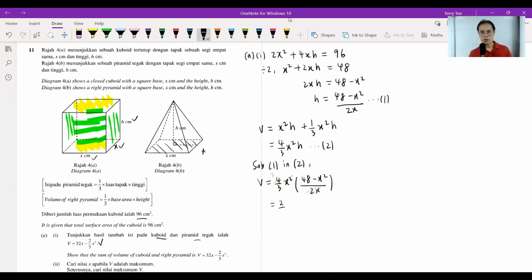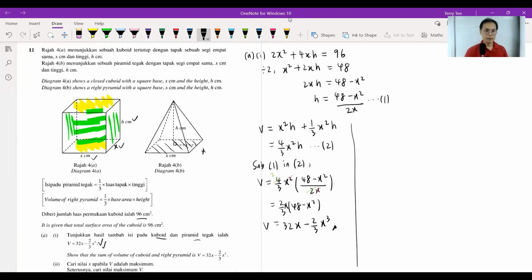Then 2 over 3 times 48 minus x squared, you can multiply inside. There's another x outside. So when you multiply inside, 48 divided by 3 is 16, 16 times 2 is 32x, and 2 over 3 x cubed. There you go, you got your volume V in terms of x, dalam sebutan x.